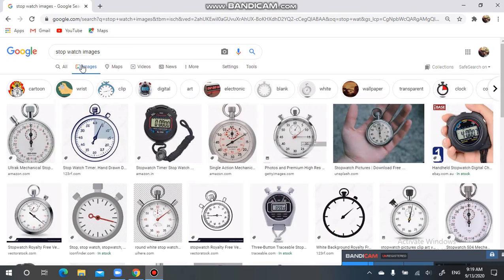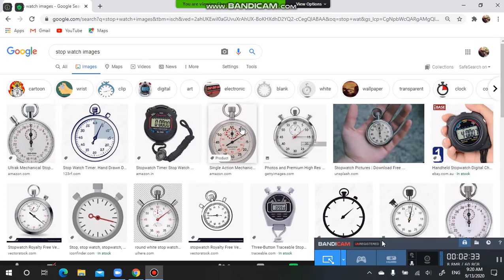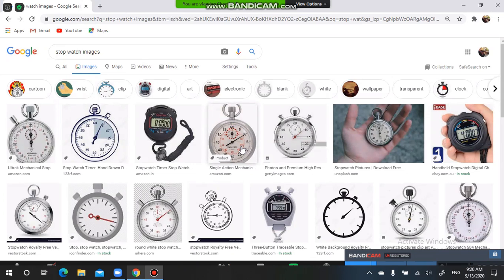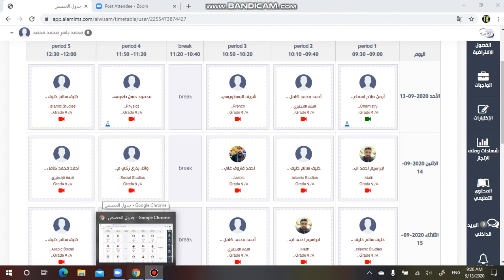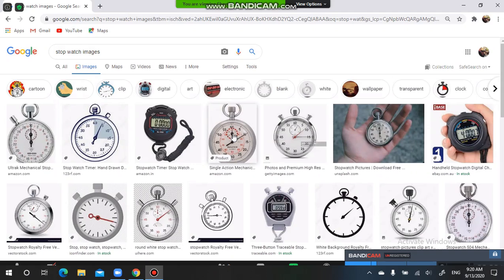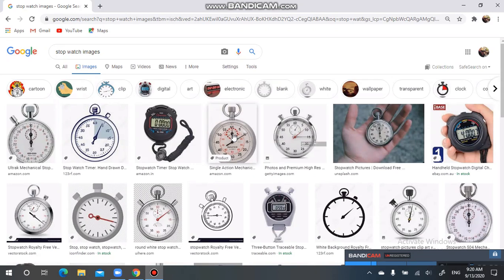We are talking here about reactions in chemistry. So we use a stopwatch to identify the time that is consumed during the reaction, and the measuring unit of time is called second.